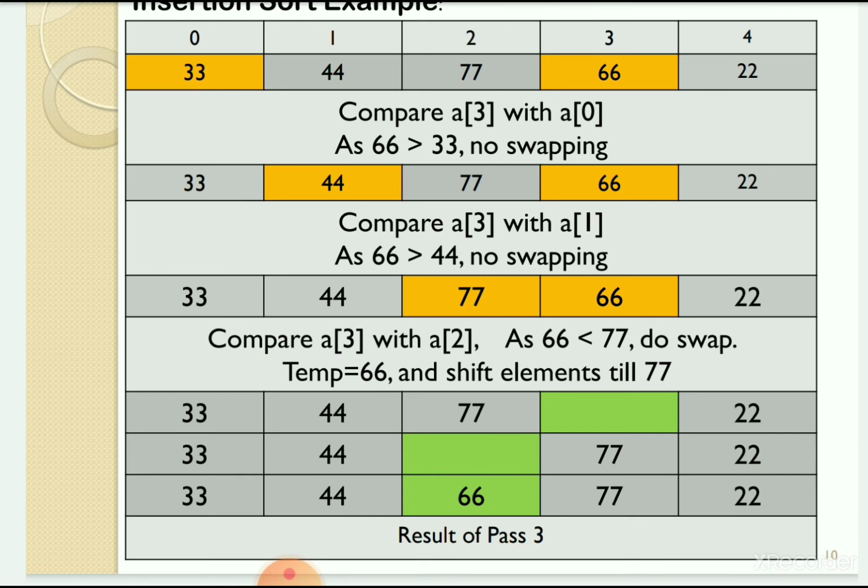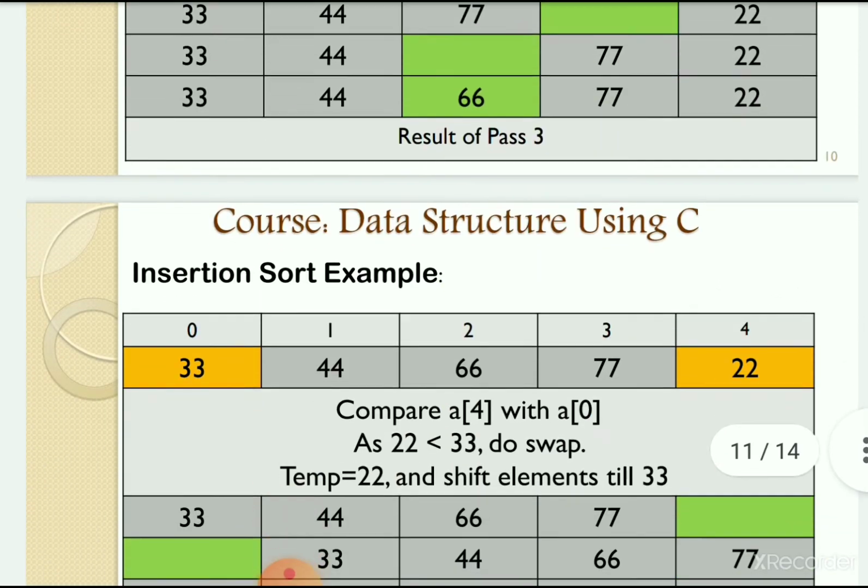The blank space is shown in green color. We shift 77 to the green space, that is the blank space. So 77 is shifted to the 66 position, and then we insert the 66 from the temporary variable in its proper position, that is the second element. This is the result after pass number 3.